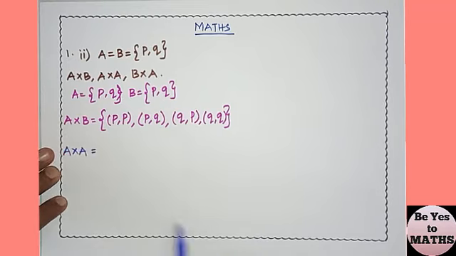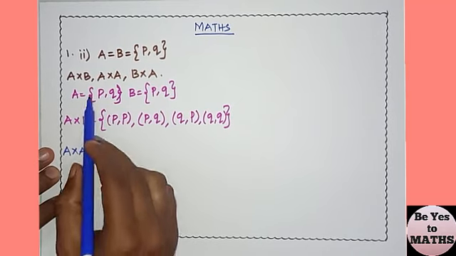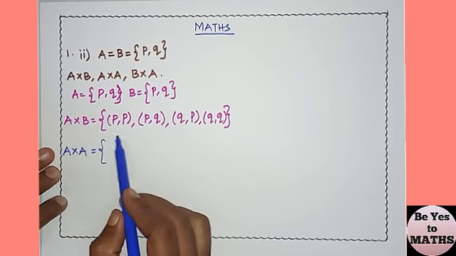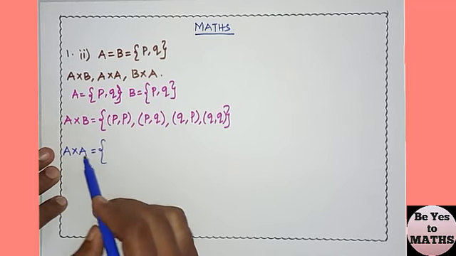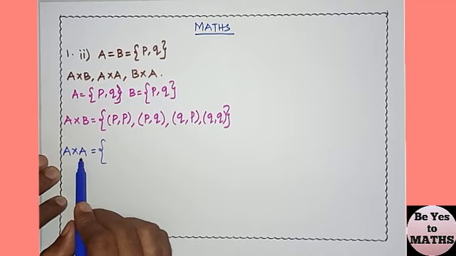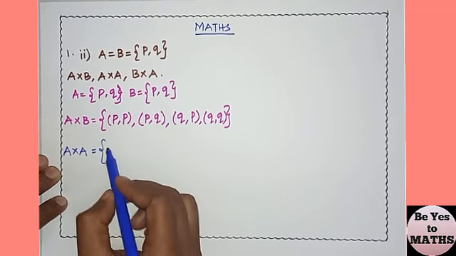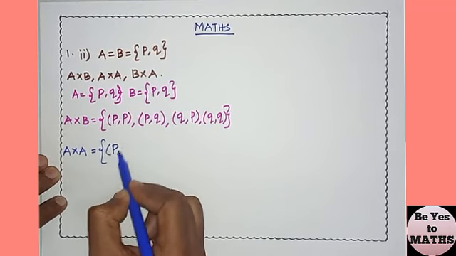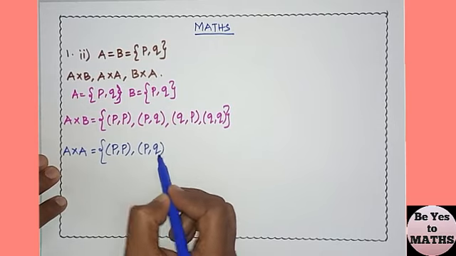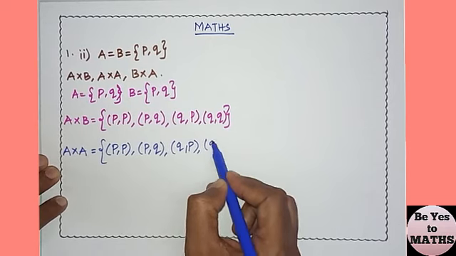Now we'll find out A cross A. Here set A and set B both are equal, so the answer will be the same. So write this as it is: p comma p, p comma q, q comma p, q comma q.